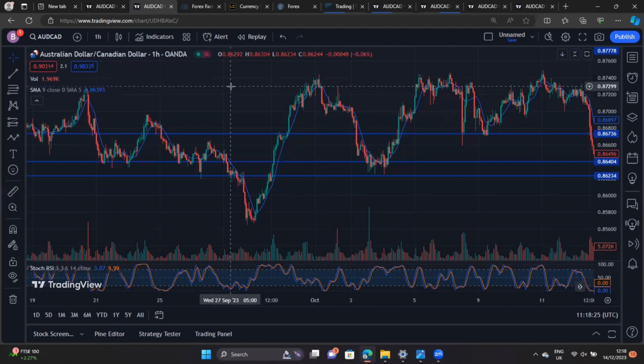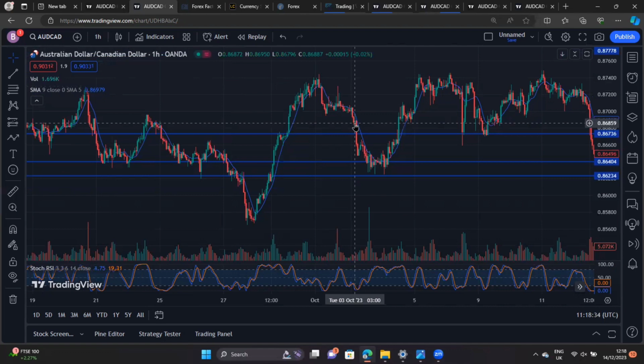Going forward, moving into the advanced training, we will disclose a more peculiar way of setting your support and resistance according to price.